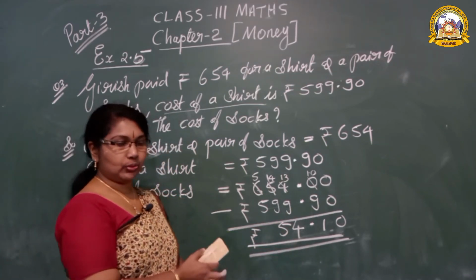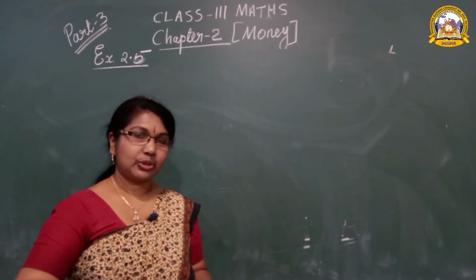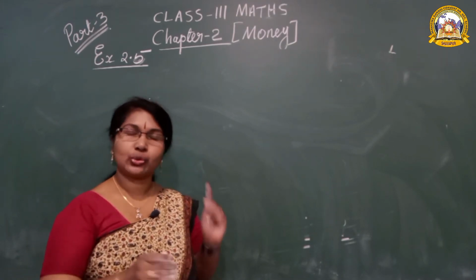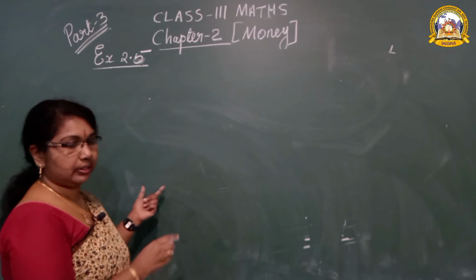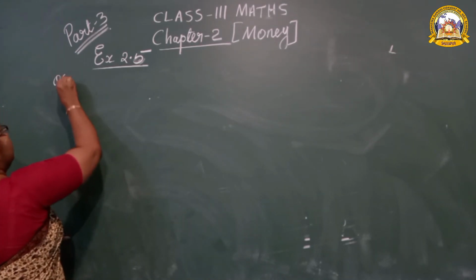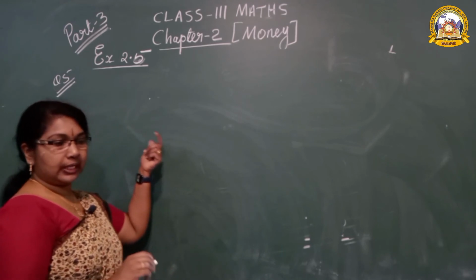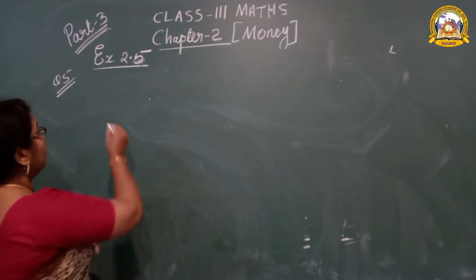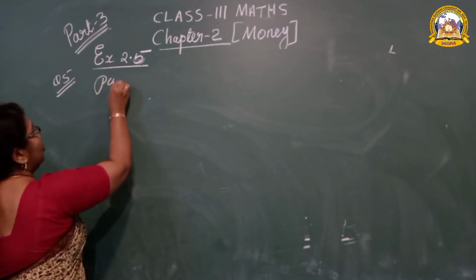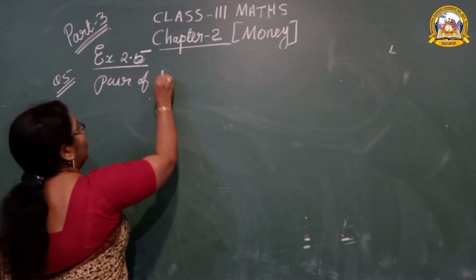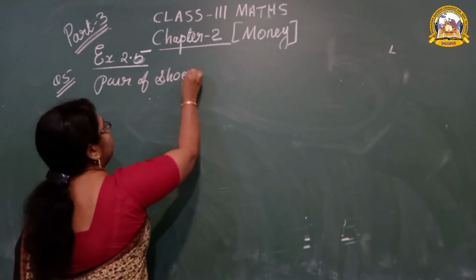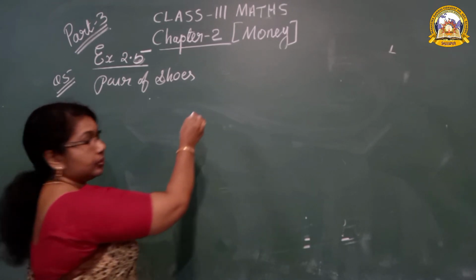I will show you the fifth. There are 5 questions. I am showing here 3 questions, 2 questions only you have to do as homework. Question number 5. Ajinta bought a pair of shoes. What is the cost?